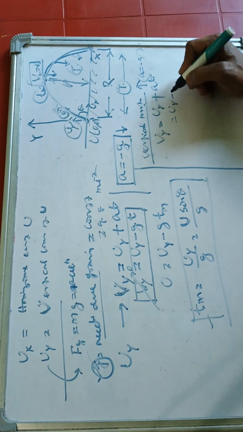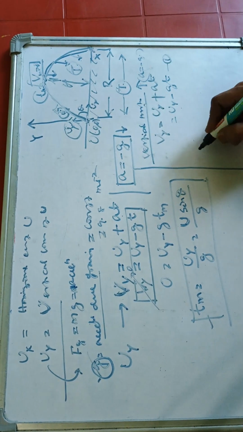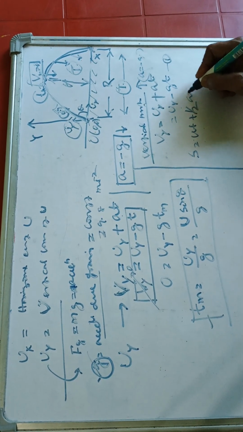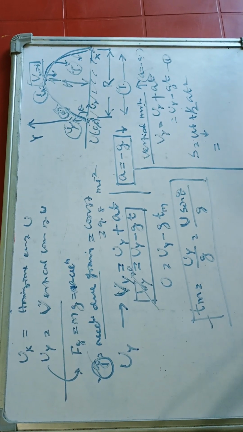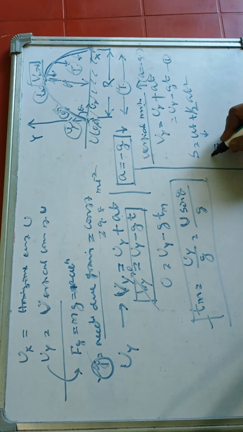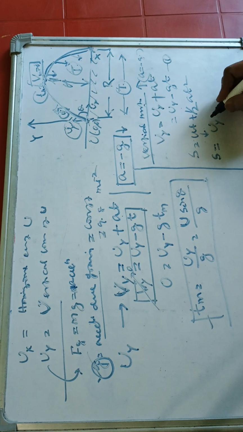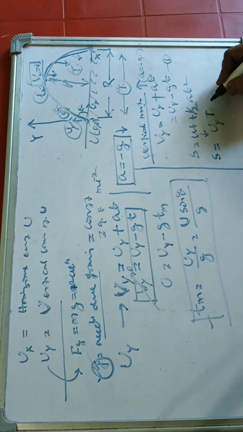Another kinematic equation says s is equal to ut plus half a t square. Applying this equation to our projectile motion, s is the final total displacement, u is the initial velocity uy, and t is the total time of flight.